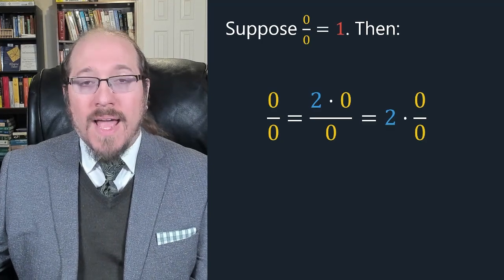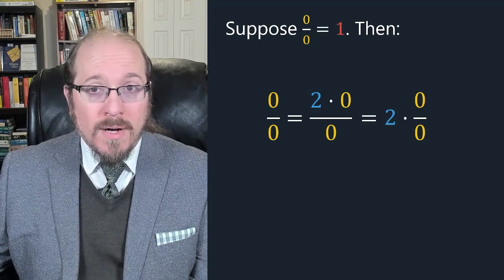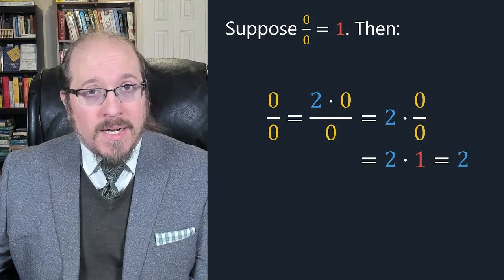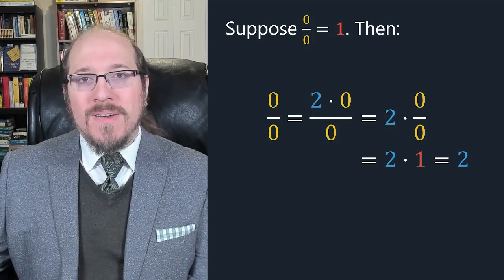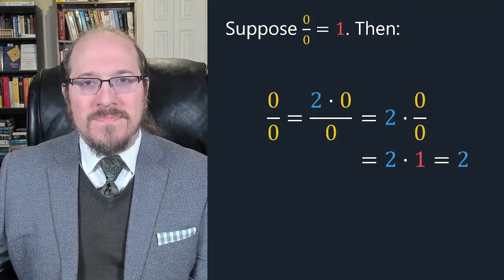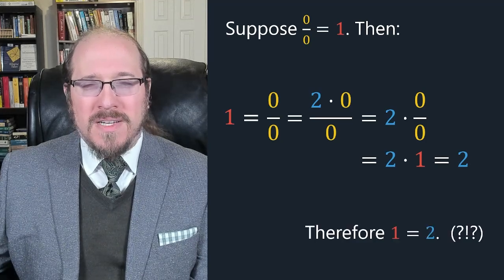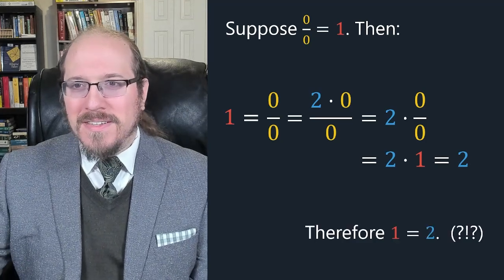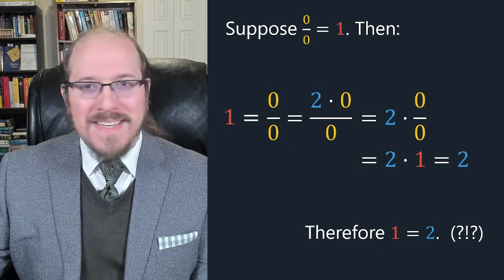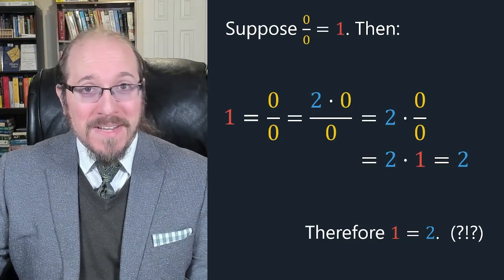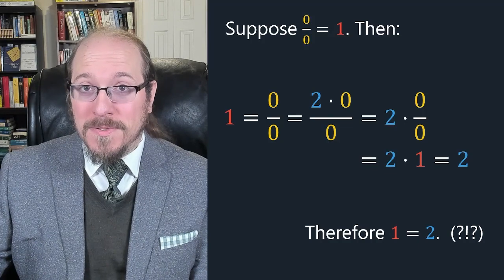Factor out the 2, and if 0 divided by 0 equals 1, then we now have 2 times 1. So 0 divided by 0 equals 2, as well as 1. So 1 equals 2? That's not good. Something went horribly wrong if we ended up at 1 equals 2.